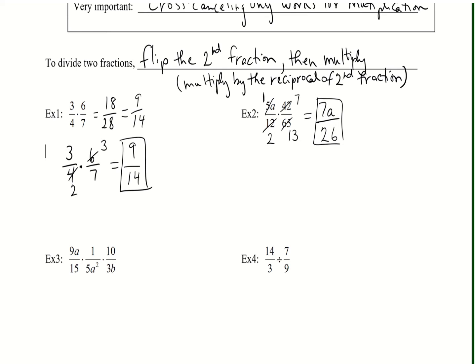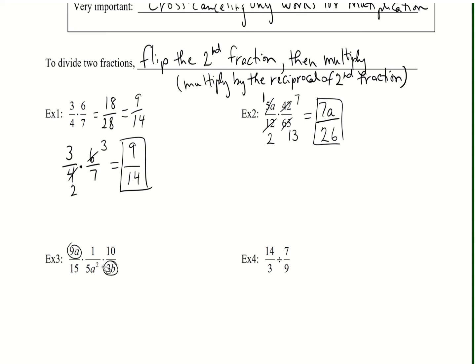And the same thing follows in the next example. Example 3 here, we again are going to do cross-canceling, and it doesn't matter where the cross-canceling takes place, but we have to make sure that it matches, right? So here, for instance, 9a and 3b, 9 and 3 have common factors.